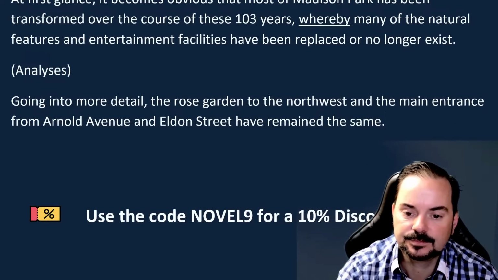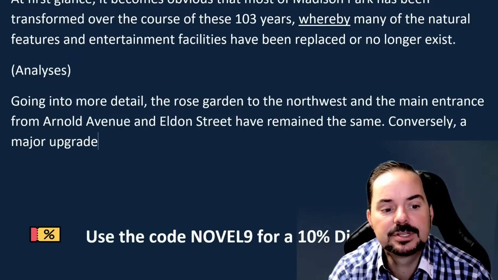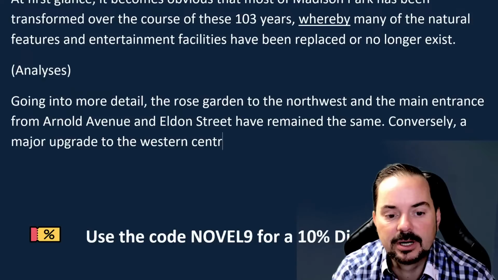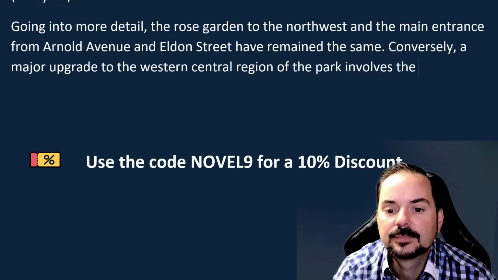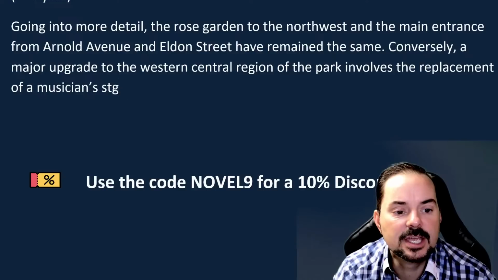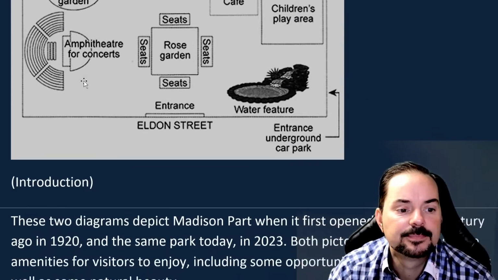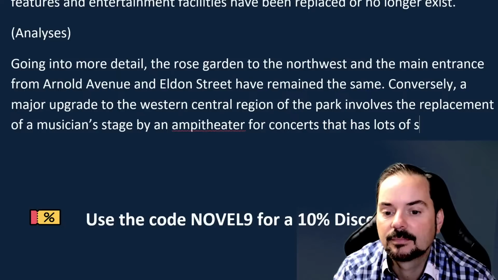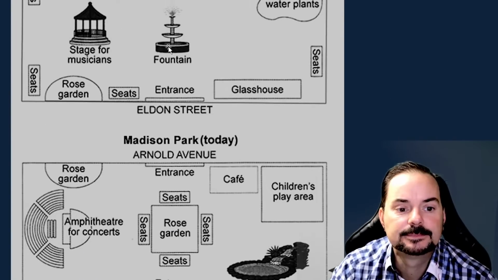So conversely, a major upgrade, I would call that an upgrade, to the western central region of the park involves the replacement of a musician's stage by an amphitheater with lots of seating. Okay? All right. So that's that.